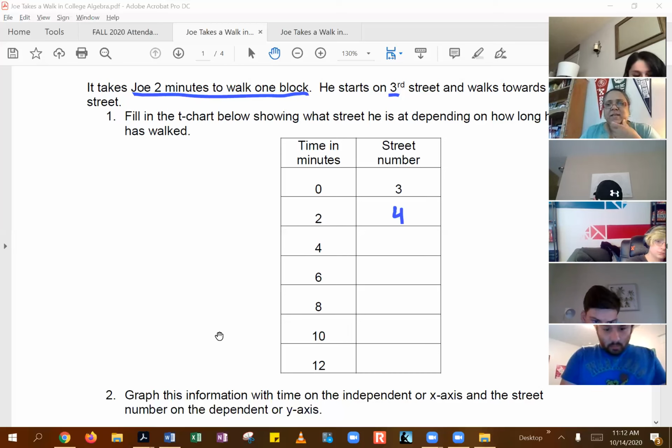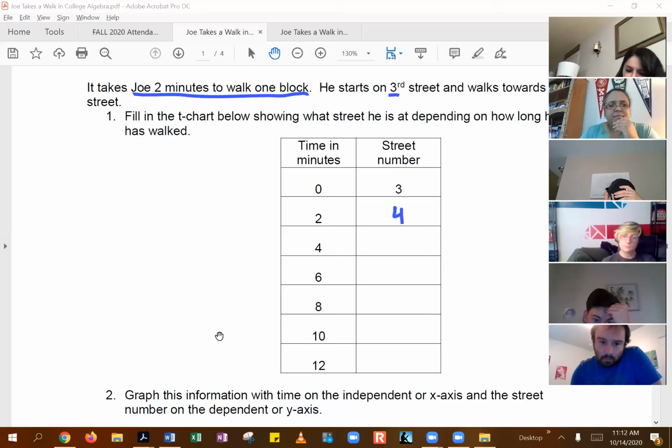Okay, so Brandy, you're saying that's not the answer then? Okay. Yeah, because if you guys had a chance to see Brandy's previous answer, you would have seen that she actually moved him 2 blocks for every 2 minutes, right?